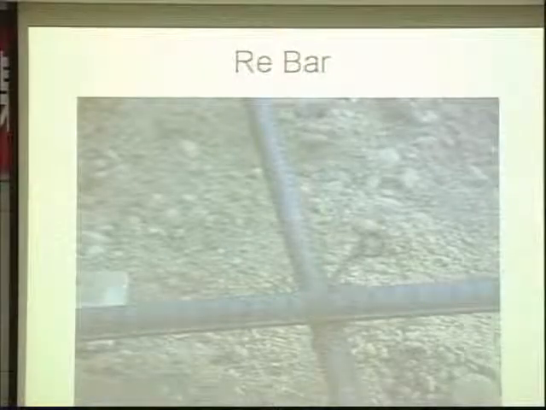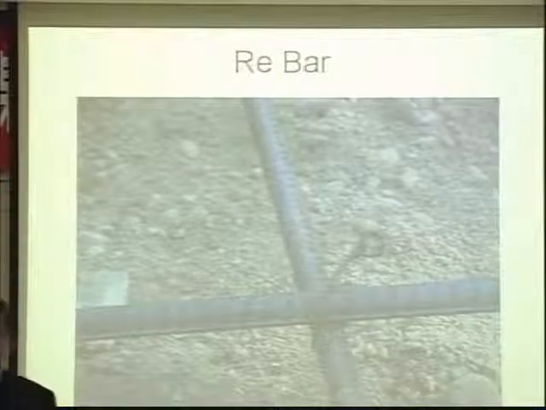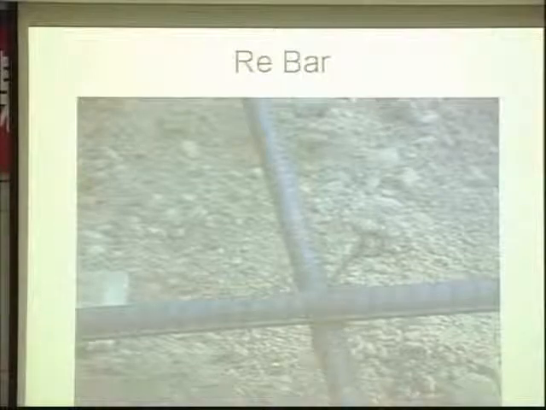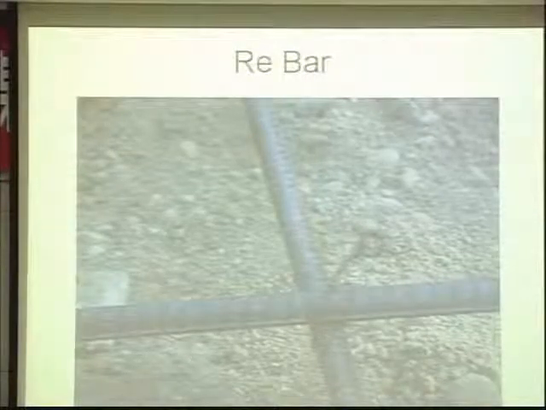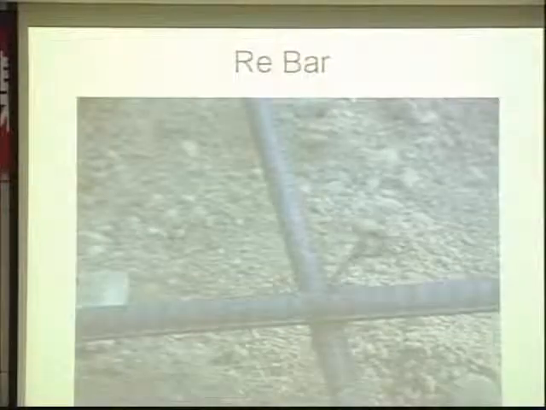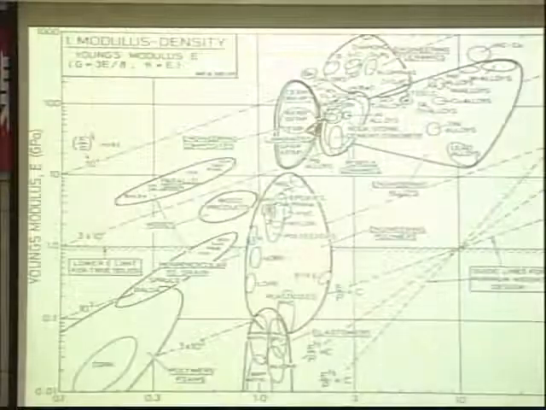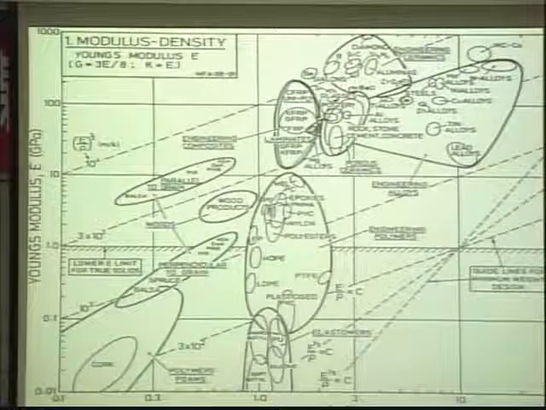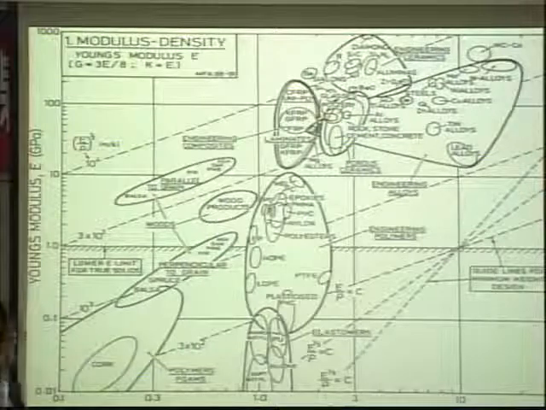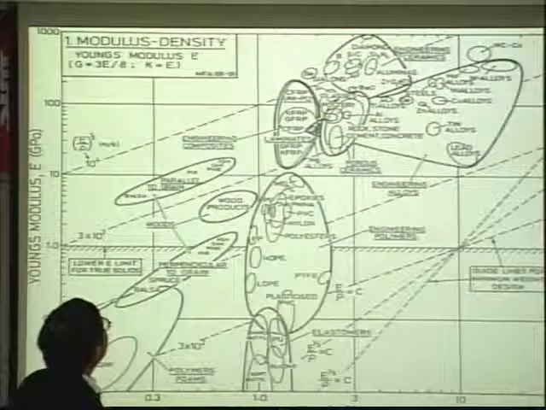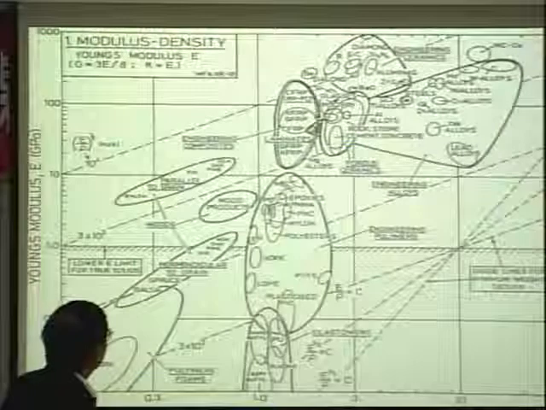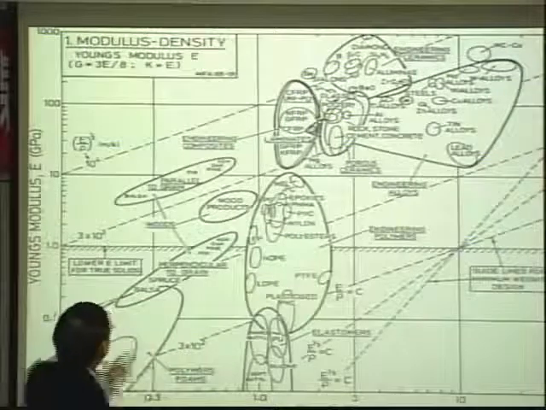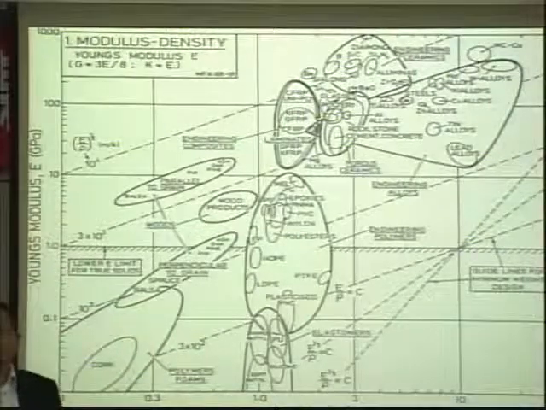Rebar. When we build a building, you put in steel in between, below, and then you put cement on top of that. The concrete structure is ceramics, and this diagram shows the typical groups of material in terms of density and Young's modulus.